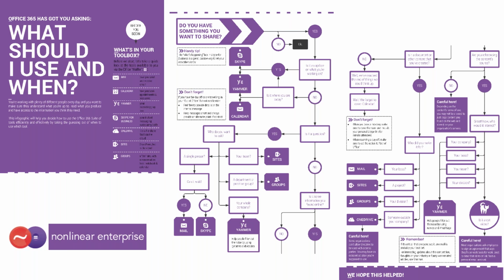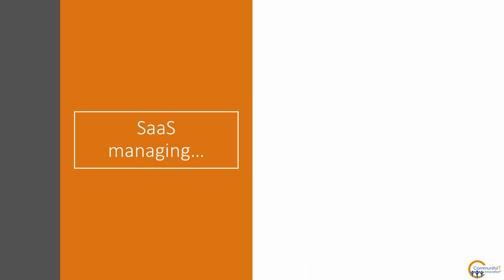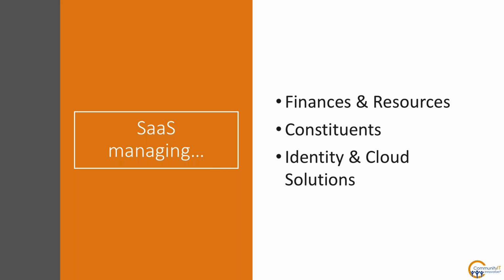And then from there, you can sort of spread out and use the other applications that are in Office 365. So that's basic productivity, but there are software as a service options for managing finances and resources, your constituents, and your identity and cloud solutions, and much, much more.